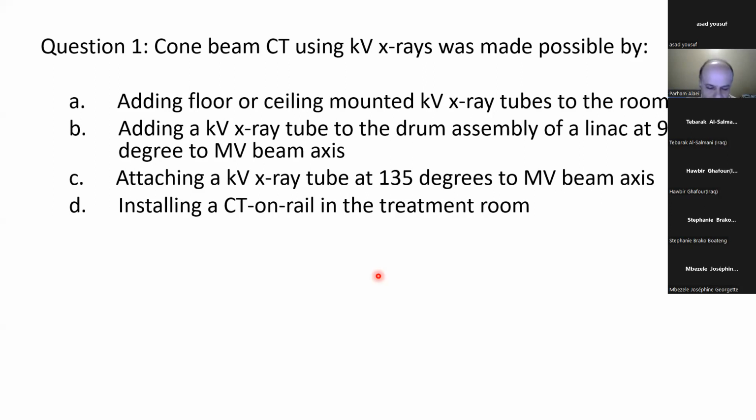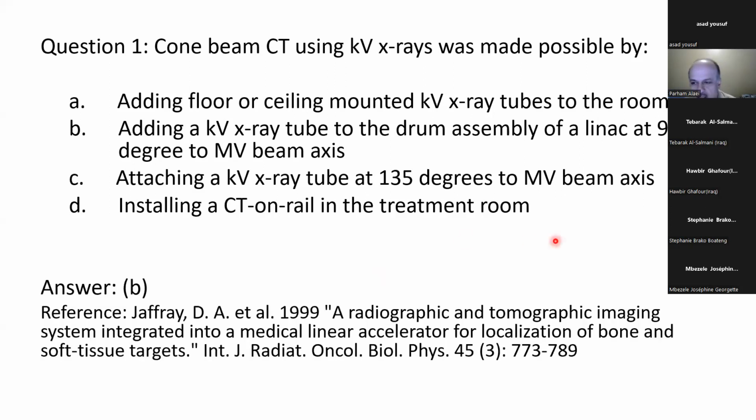Sure. Okay. All right. So the correct answer is B, and I have a reference for that here. This is, I would say, maybe the first paper published on cone beam CT by David Jaffray. And again, a kV X-ray tube was added to the drum assembly or the gantry of a LINAC at 90 degrees.